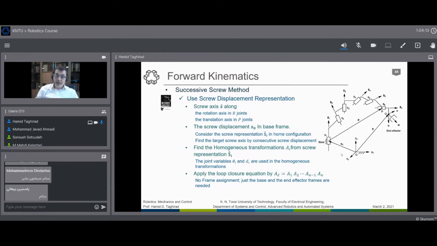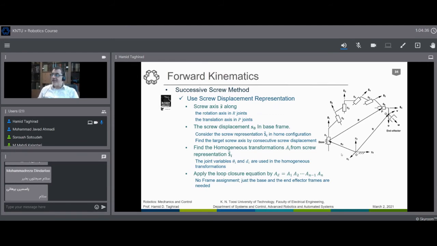So we have a base frame. We don't consider a number of frames and frame assignment, which is a hassle, basically, in my opinion. I don't want to go directly to that. You should learn both methods, don't forget: the method of Denavit-Hartenberg and the method of screw.